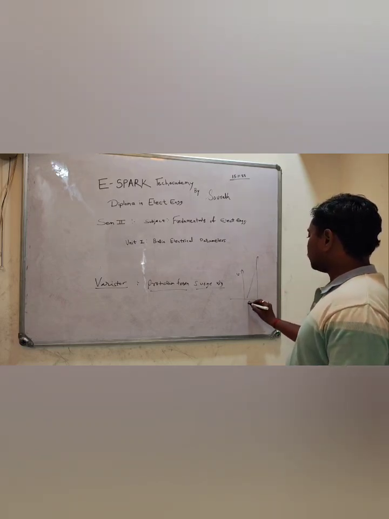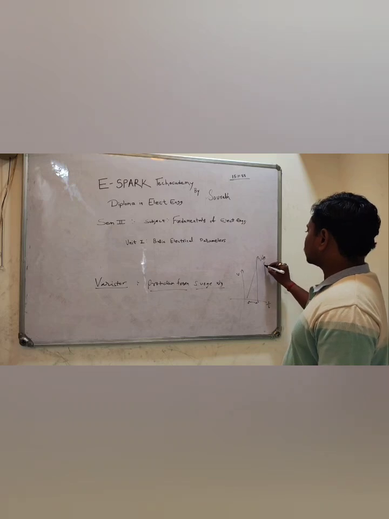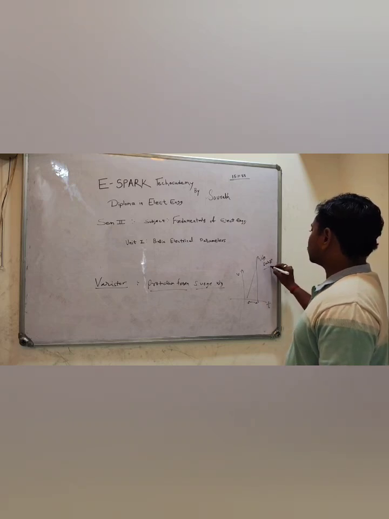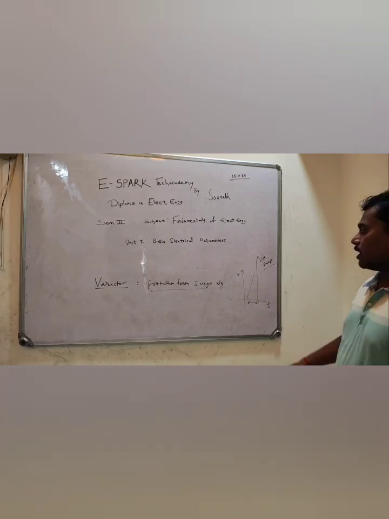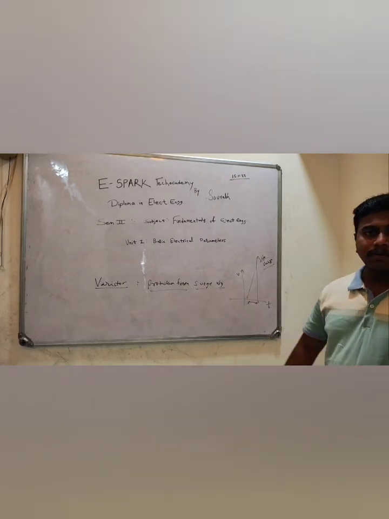For a very short time, the voltage surge takes place. And this voltage surge or spike can be reduced with the help of a resistor.